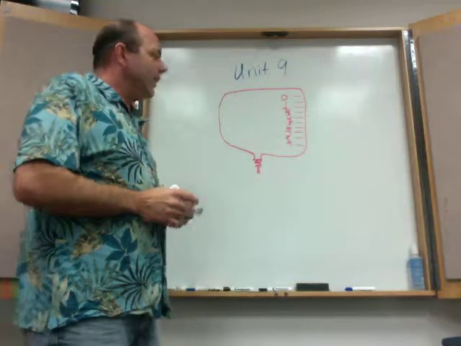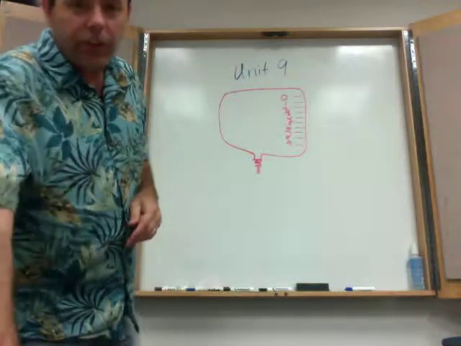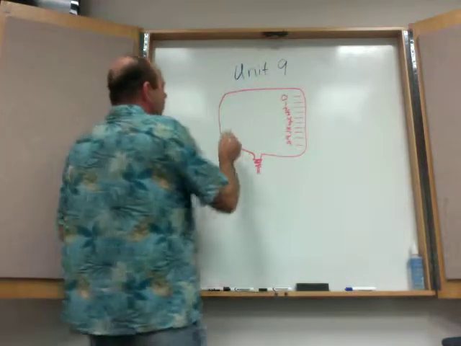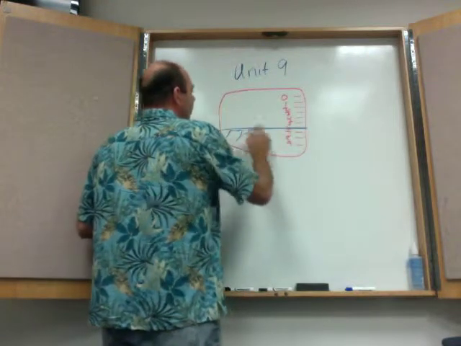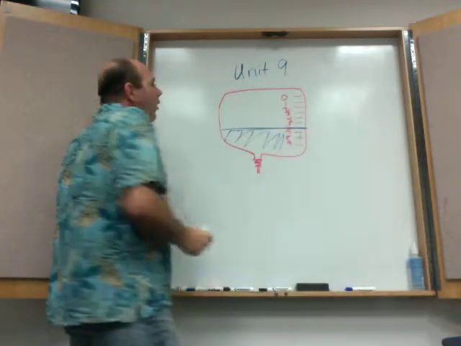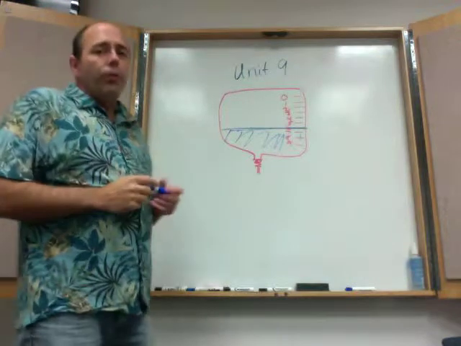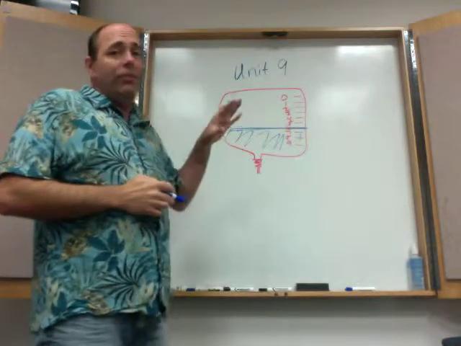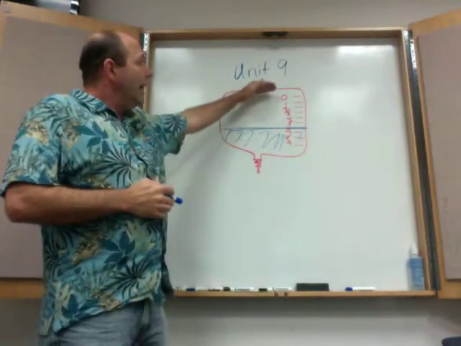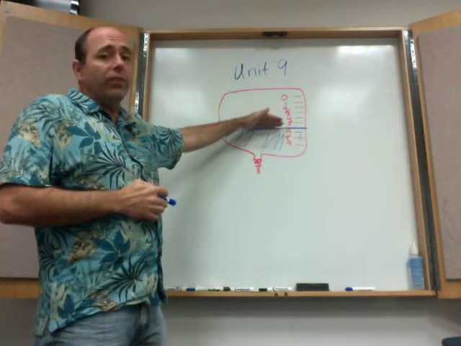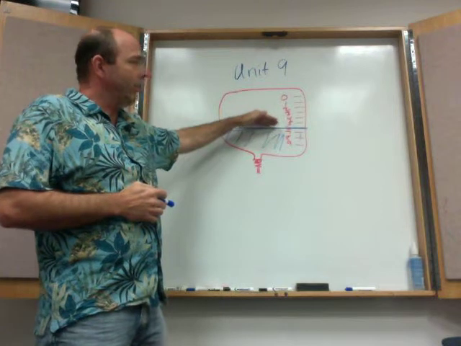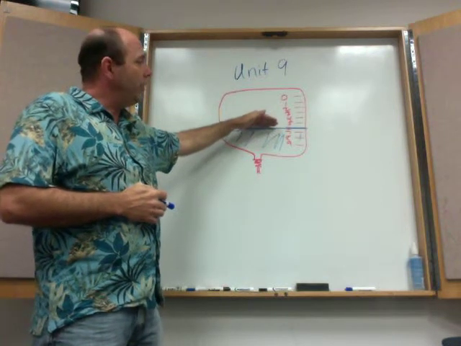So if it's reading like that, and let's say there's this much of the drip left, there's two things that they want to know. First of all, how much has already been infused? And that's easy to read. If this is 1,000, that makes this 600 milliliters has already been infused.